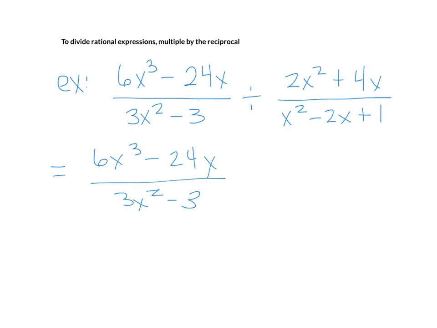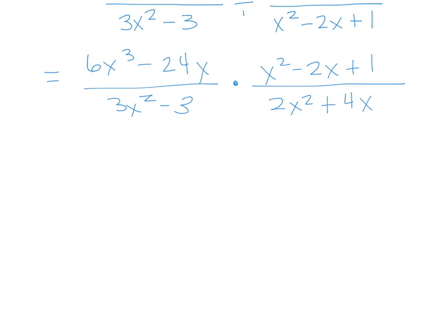And we are going to multiply that by the reciprocal of the rational expression we are dividing by. So the x squared minus 2x plus 1 goes in the numerator, and we're dividing by 2x squared plus 4x. Okay, now we just have a multiplication problem.